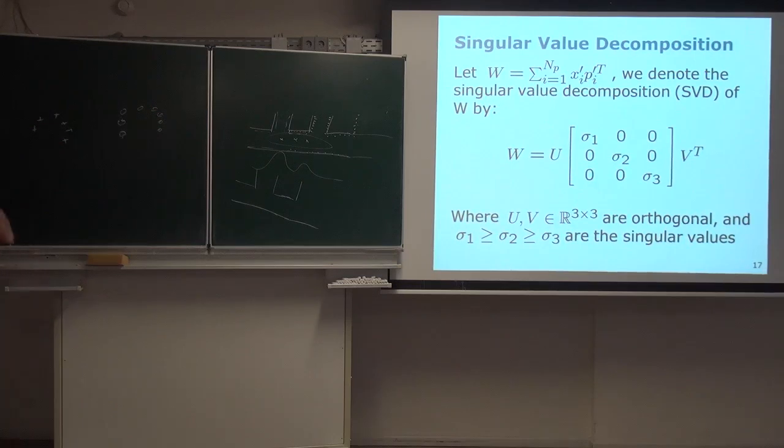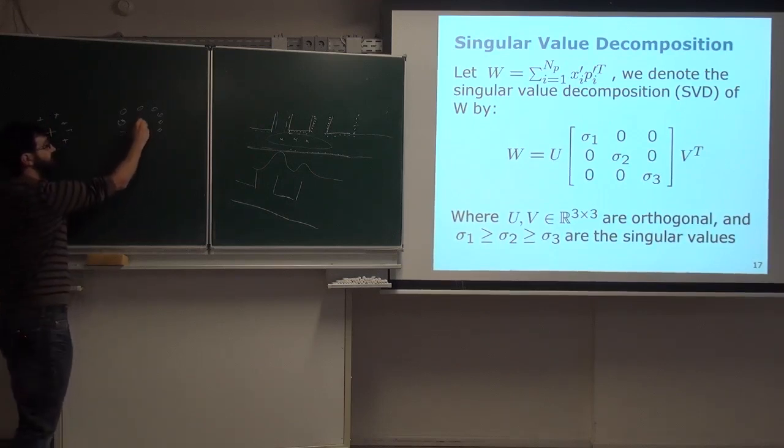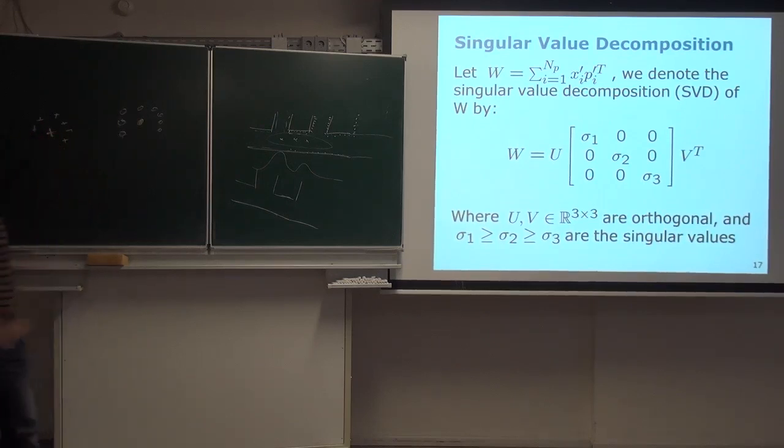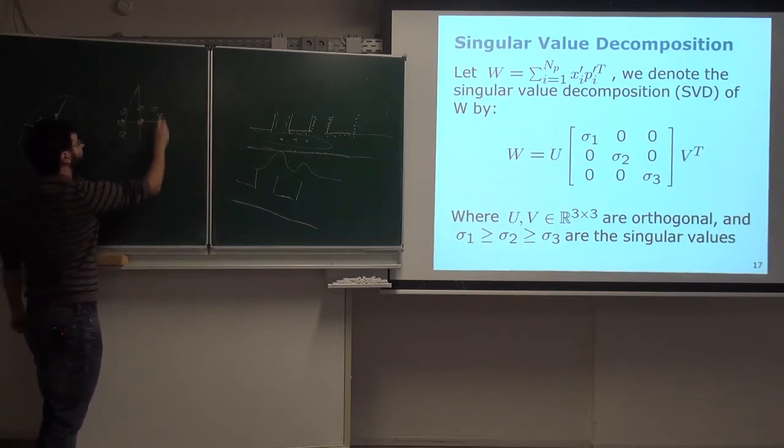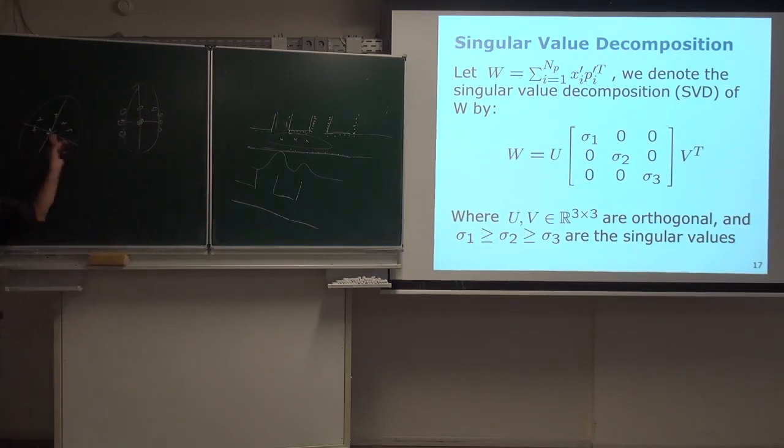When I compute the center of mass, somehow I get something like here, and something like here. Then you can imagine that you compute the principal direction of this one, let's assume like this, and you end up with something like this. Then you get the principal direction of this one, and you try to align them.